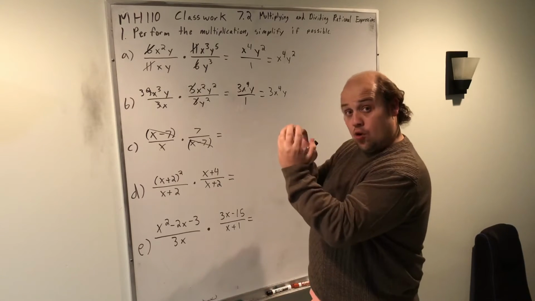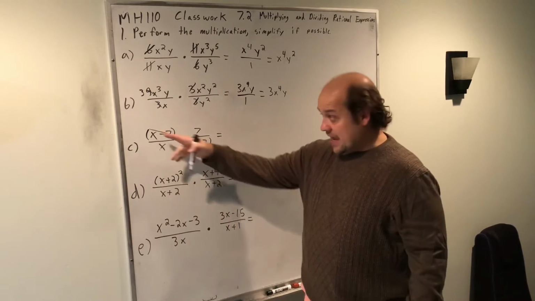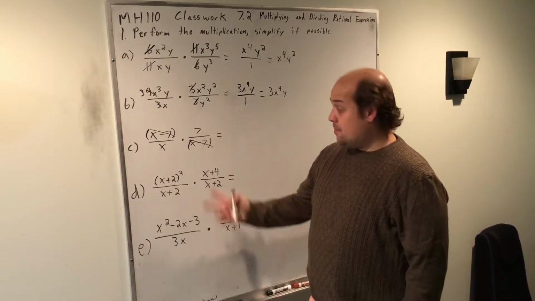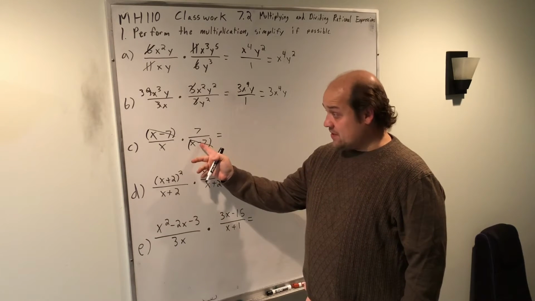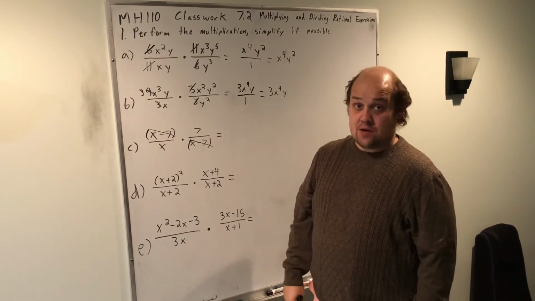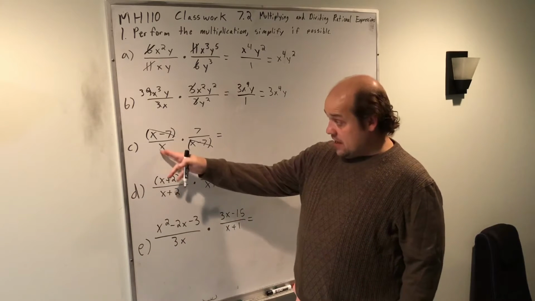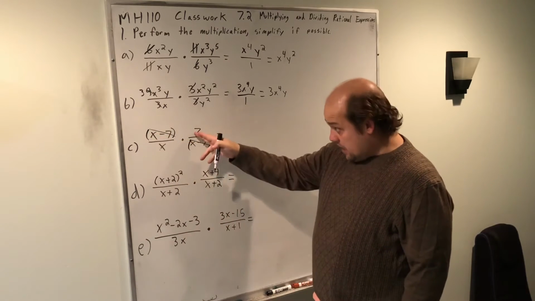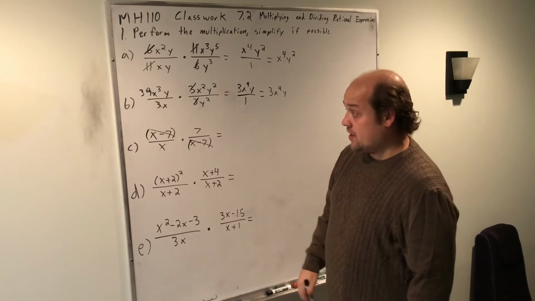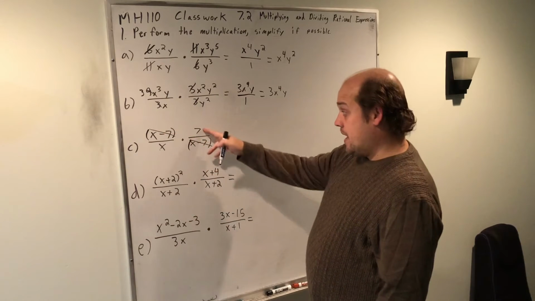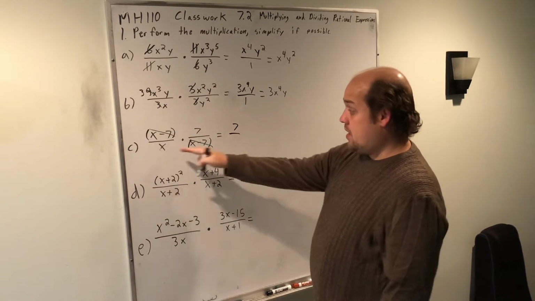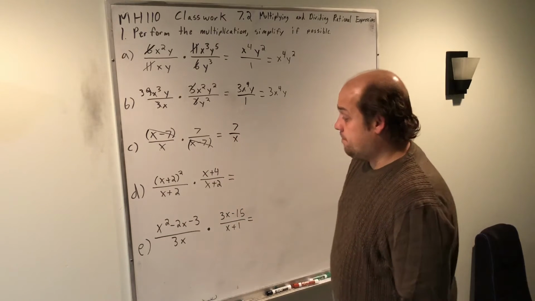As long as it's the whole term being multiplied, I can cancel a whole term with a whole term. But I cannot separate things that have a subtraction or an addition sign with them. Again, I could not cancel this x with that x, or this 7 with that 7. That said, when these go away, I'm just left with a 7 on top and an x on bottom.